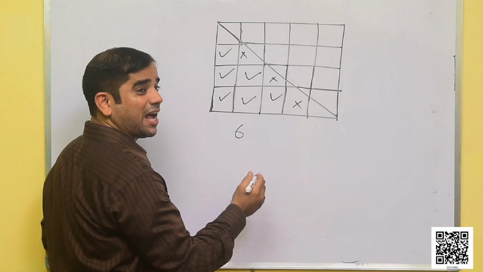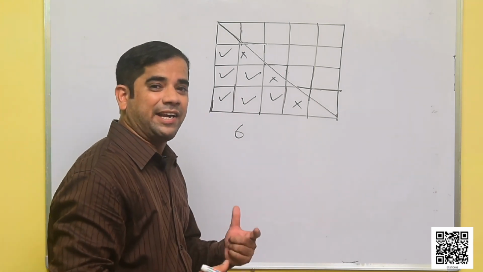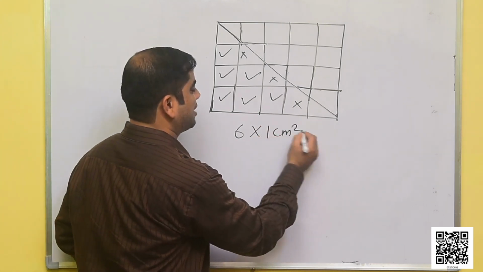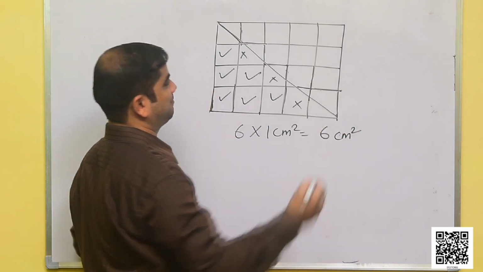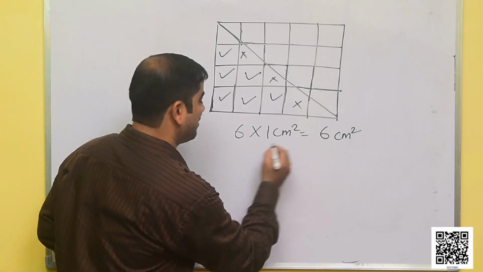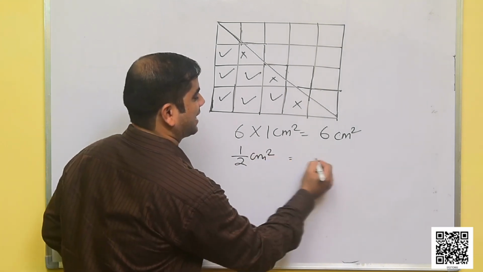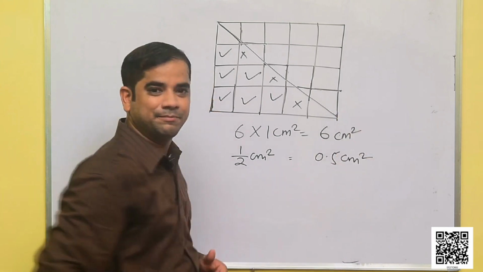6 full squares, as we have already learned that each square has an area of 1 centimeter square. So into 1 centimeter square, it is giving us an area of 6 centimeter square. This is a half square, so it has an area of 1 by 2 centimeter square, or I can say 0.5 centimeter square.